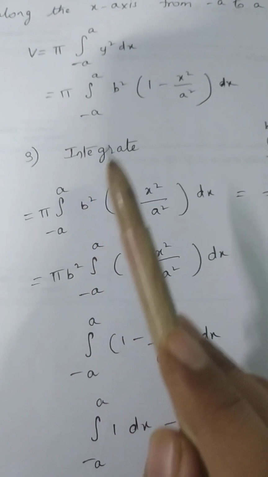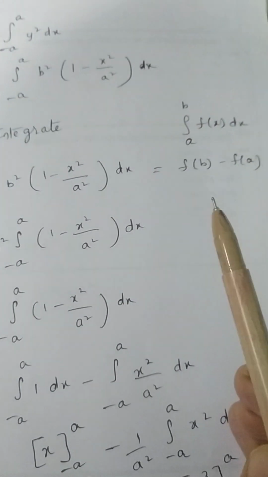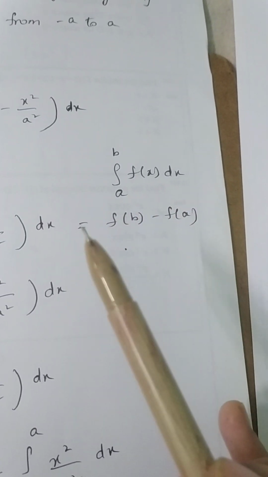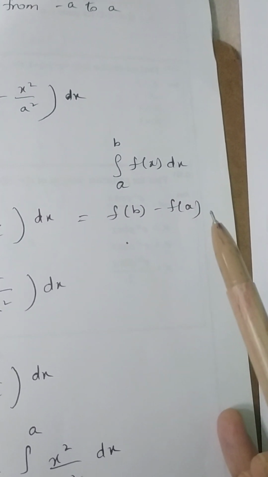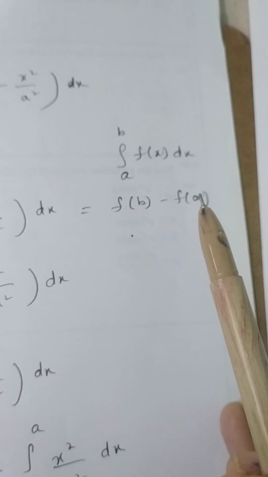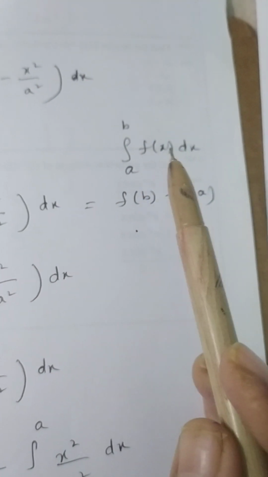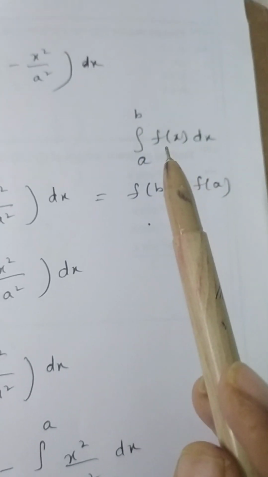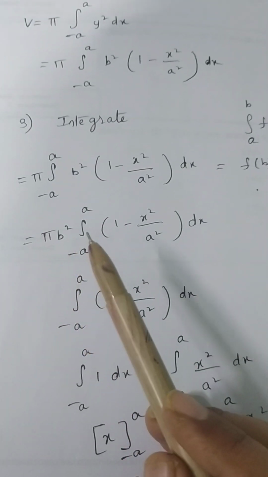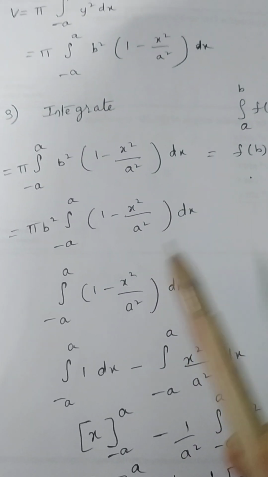As we know, integral a to b f of x dx is equal to f of b minus f of a, so we apply the upper and lower limits. Taking b square outside, we have pi b square integral minus a to a of 1 minus x square by a square dx.